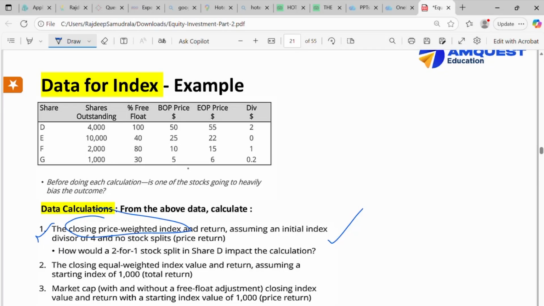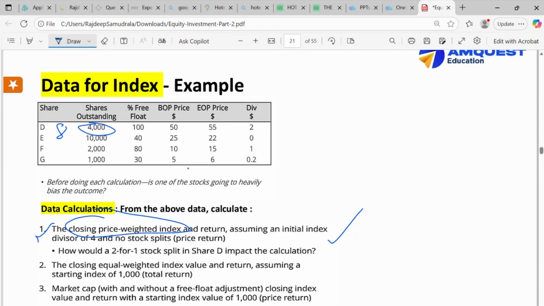What's broadly the answer here? Earlier you had 4,000, 10,000, 2,000, 1,000 shares. This has become 8,000, and the rest are broadly the same. So we had earlier 10, 15, 17,000, and now we have 10, 18, 20, 21,000 shares. Correct? 4,000 more has increased.